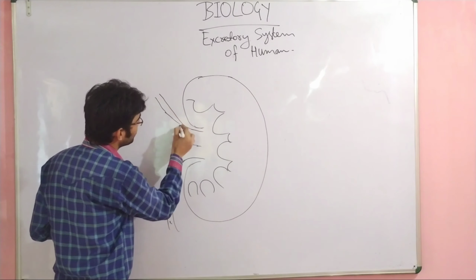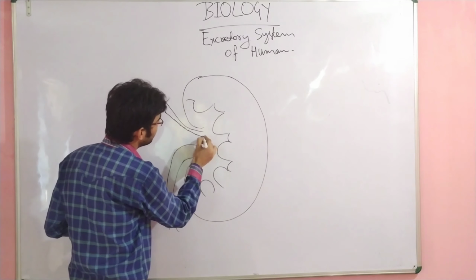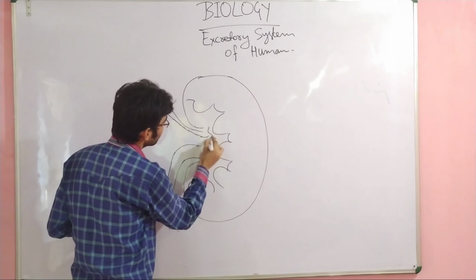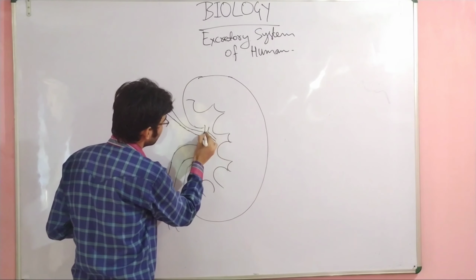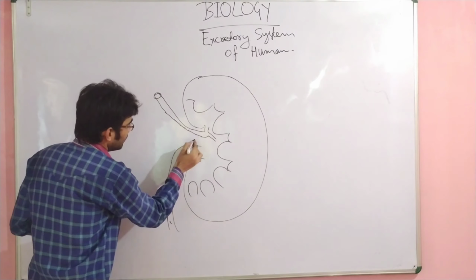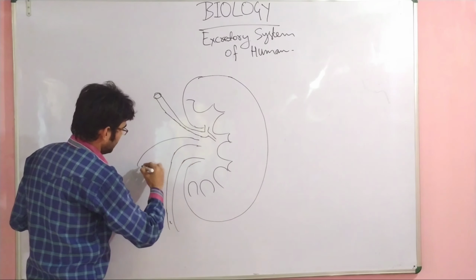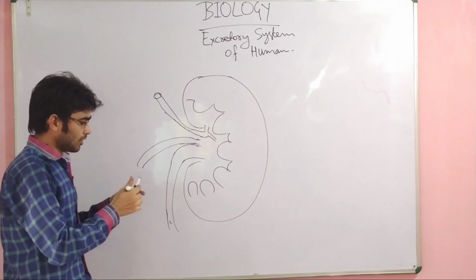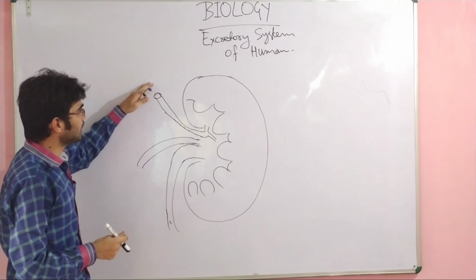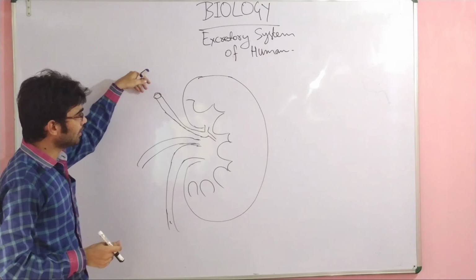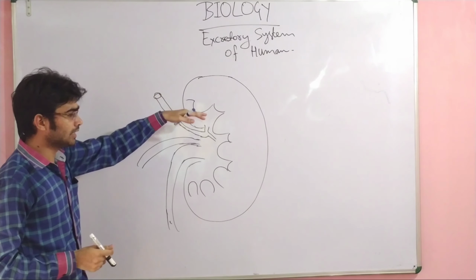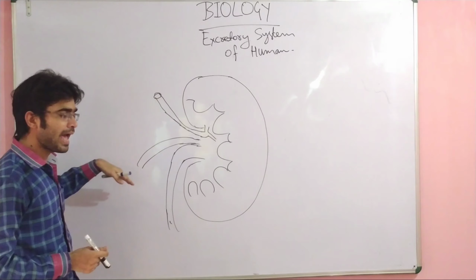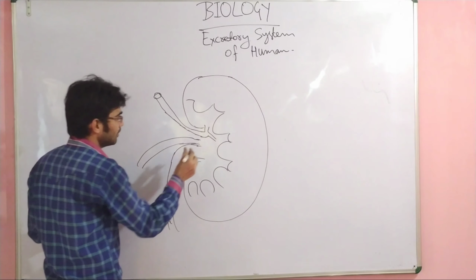Blood vessels are entering into the kidney, because blood is required for filtration. Here the blood is coming from the renal artery, and again the blood will be taken back by the renal vein.